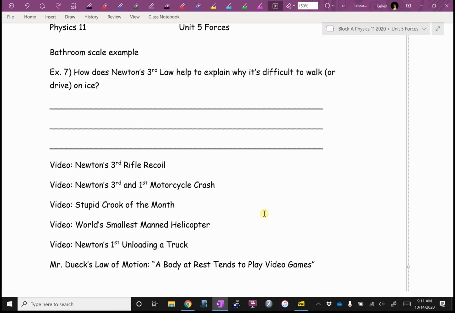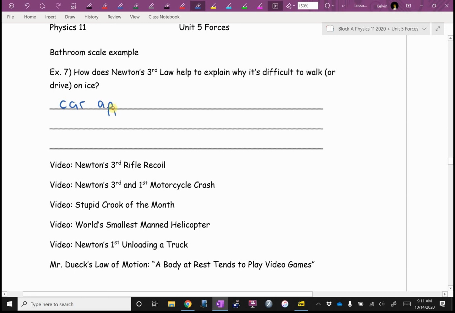Let's imagine when we're talking about ice, we're talking about perfect ice that has no friction whatsoever, okay? So, no friction, no stop. I don't want to write a big paragraph, so let me see how I would write that. I would say something like this.